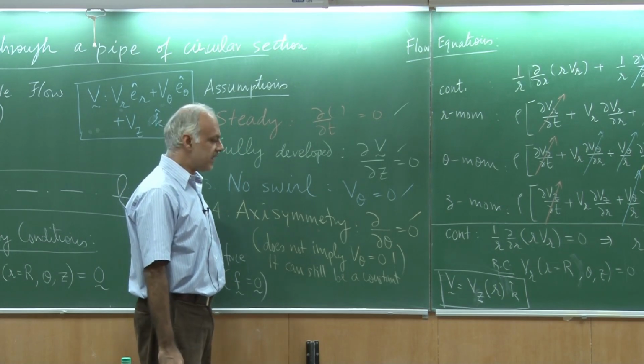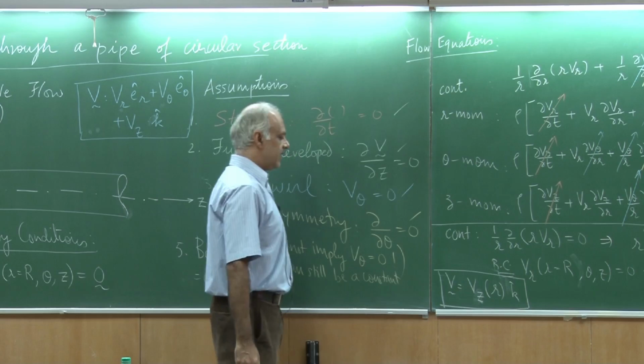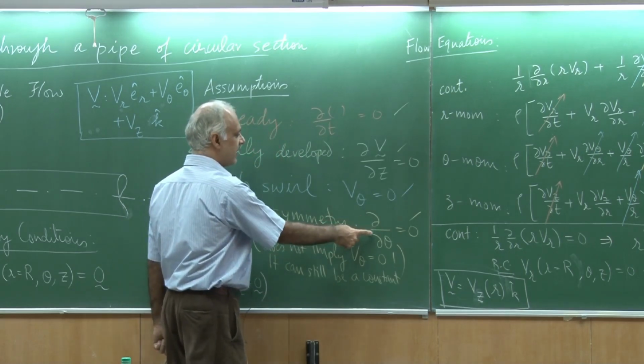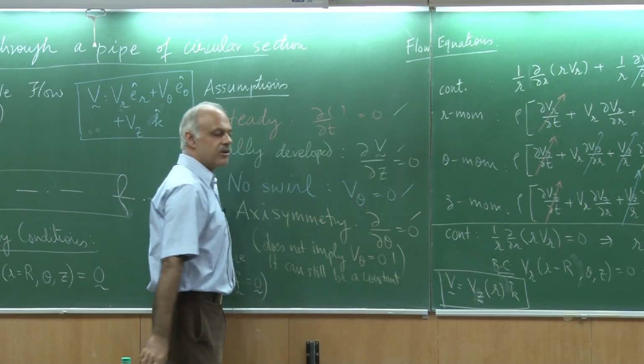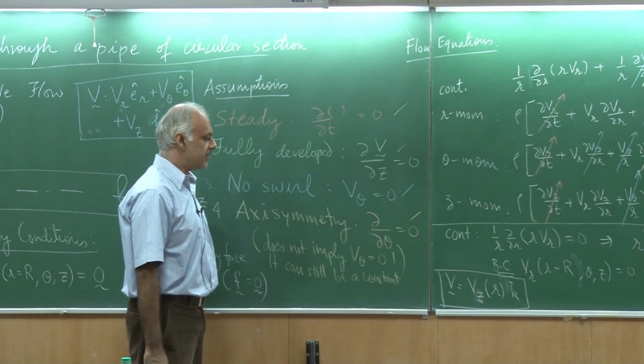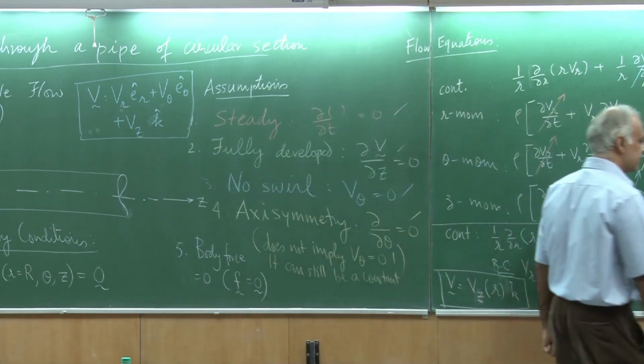Vr is 0, V theta is 0, and now Vz is only a function of r. It is not a function of theta because of axisymmetry, and it cannot be a function of z because of it being fully developed. Great. So that's your continuity equation.